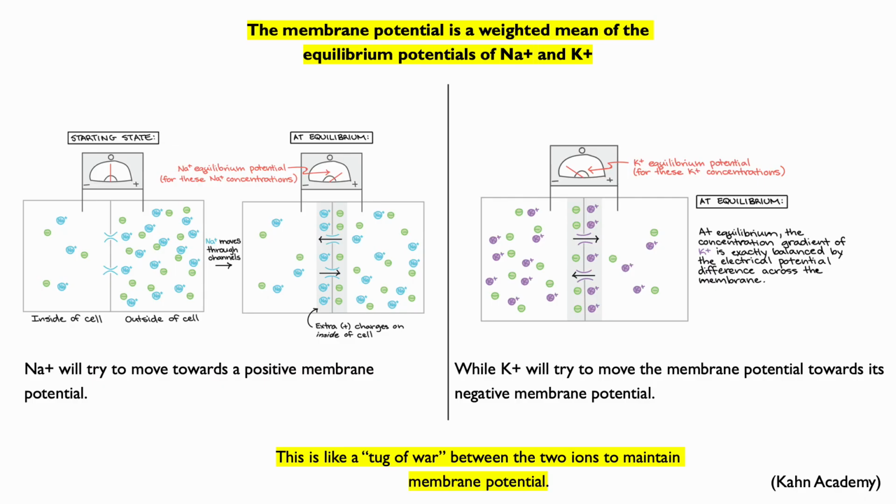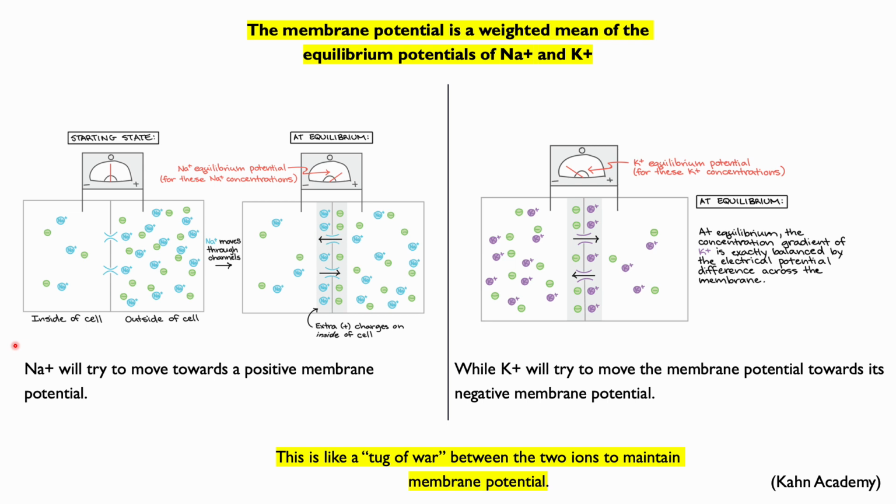So what does this mean exactly? We know that the membrane potential is a weighted mean of the equilibrium potentials of the ions sodium and potassium. Essentially, sodium and potassium are in a tug of war. They're trying to maintain a membrane potential by moving in opposite directions.